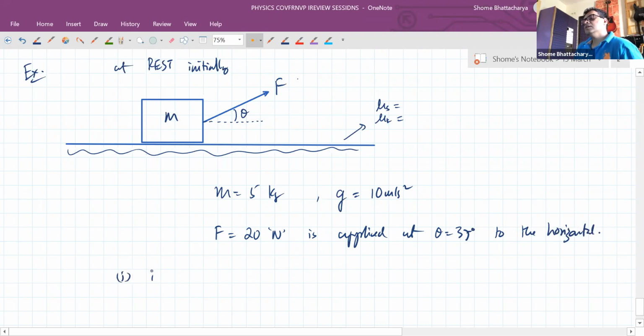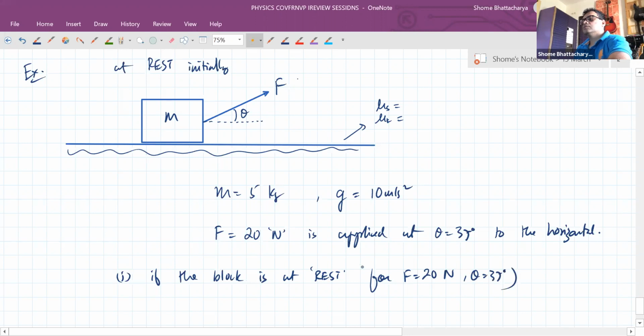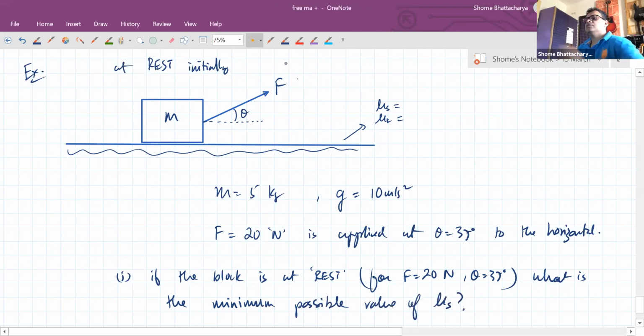So first part, if the block is at rest for F equal to 20 newtons, what is the minimum possible value of coefficient of static friction? Okay, that's the first part of the question.